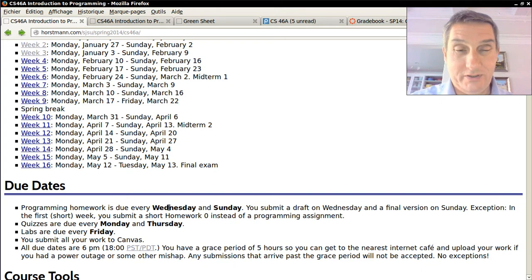And that's much, much better than what we used to do, where when the homework was due on Sunday, there would be lots and lots of questions on Sunday afternoon about what the homework is about. And in computer science, you can't ever do any of these programs in a day. It always takes several days to get past the inevitable hurdles and foul-ups that you have. So you should really take these things seriously. Do the draft on Wednesday, be confused, and get unconfused between Wednesday and Sunday, and then turn in homework for a perfect score.